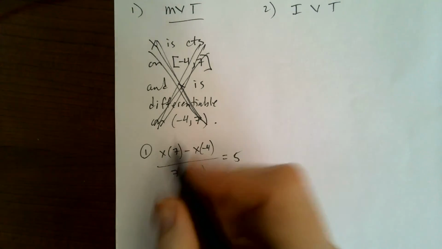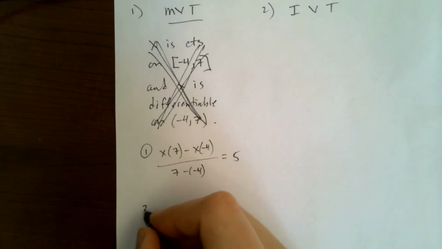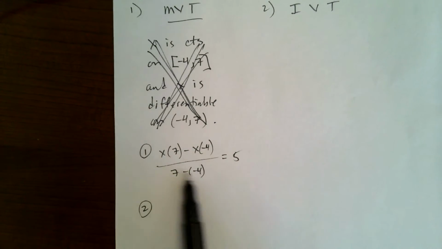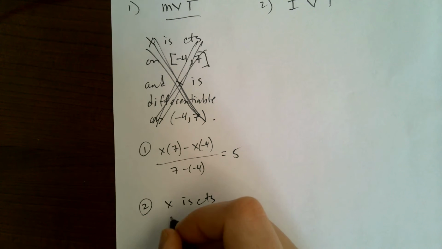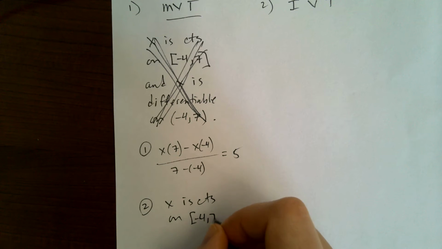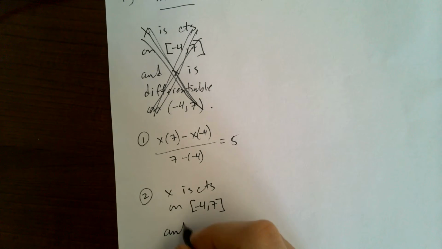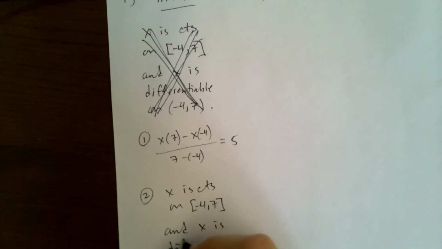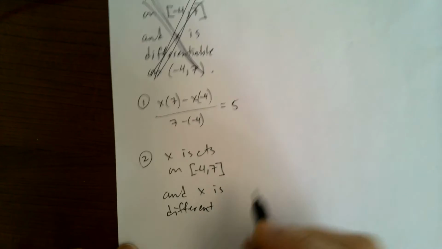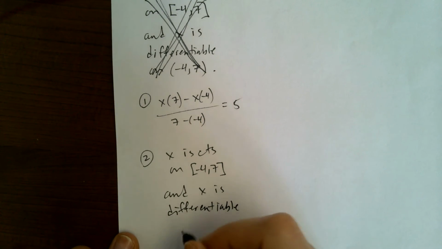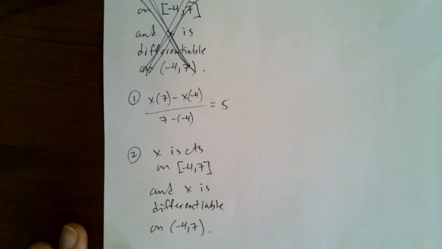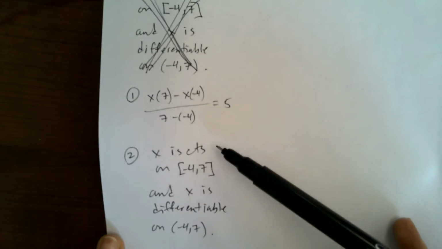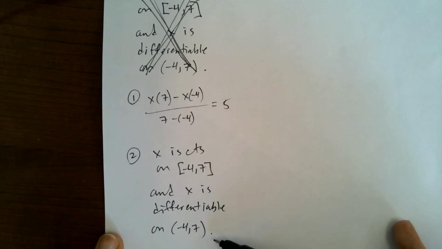The order doesn't necessarily have to go in this order, but we would have to show this somewhere. And then x is continuous on -4 to 7, and x is differentiable on -4 to 7. So yeah, that's what we need. I forgot. We need this information, and then we also need this information.